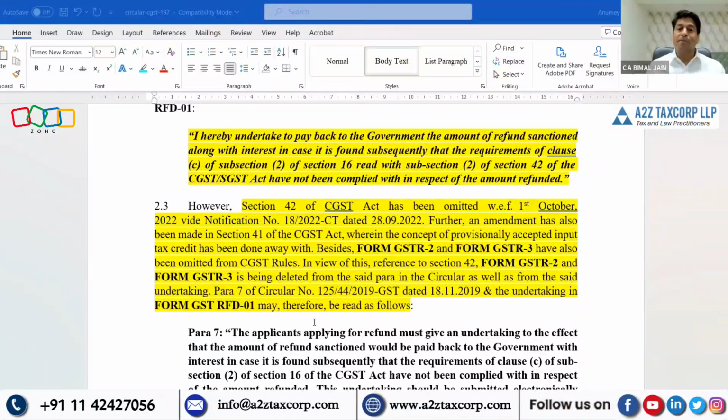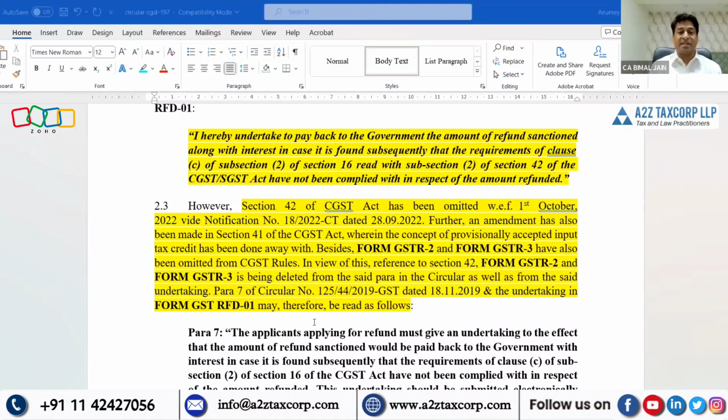Section 42 of the CGST Act has been omitted from 1st October 2022 by notification, the reference of which is being given. Further, an amendment has also been made in section 41, wherein the concept of provisionally accepted ITC has been done away with. Besides, rules 2 and 3 have also been omitted from the CGST rules.